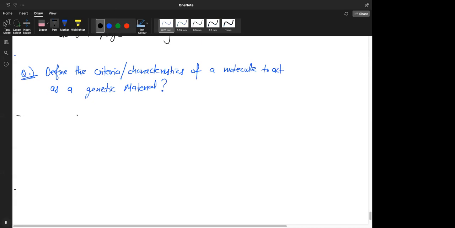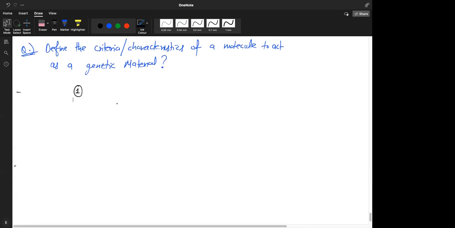Now, what do you think? What should be the criteria? Biology is logical. So if any molecule has to be chosen by nature to act as a genetic material, what should be the criteria? For example, if you want someone to be an athlete, that person should be agile, active, not obese, right?